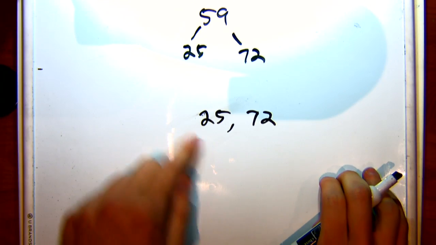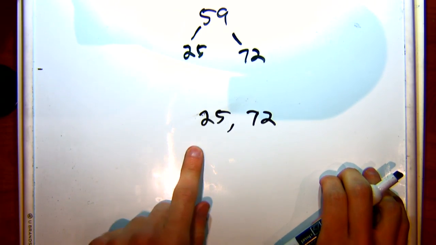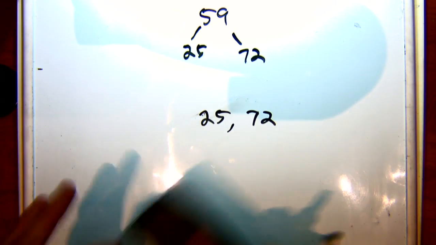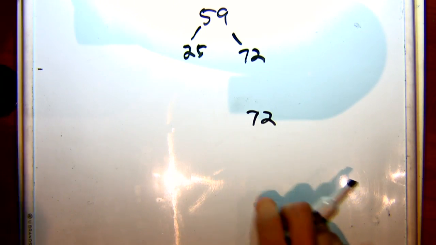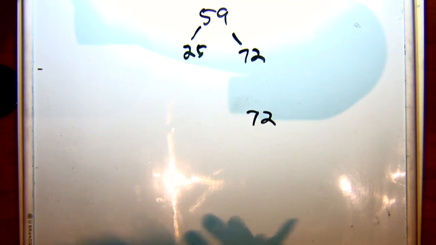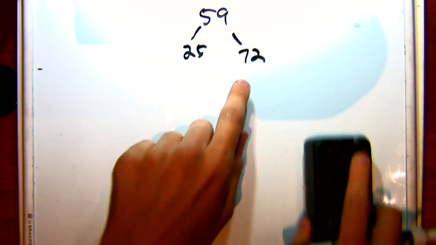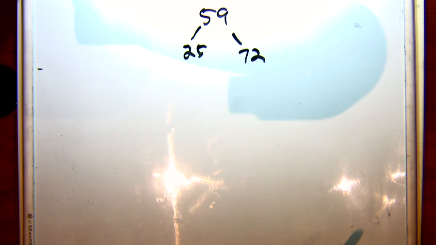Then we would go to the first thing in the queue, which is 25, dequeue that, and enqueue its children if it had any. Then we would dequeue 72 and enqueue any of its children. That will let you go from left to right through the tree.